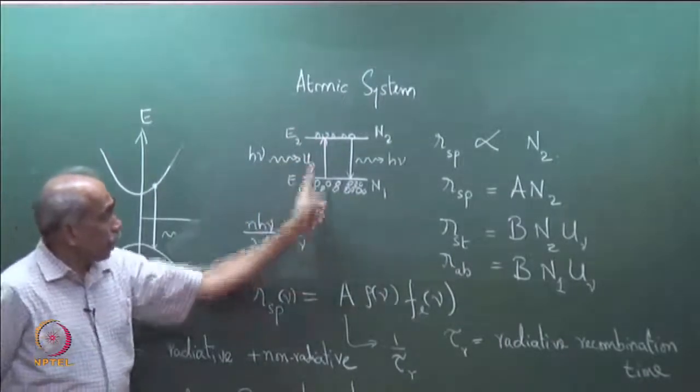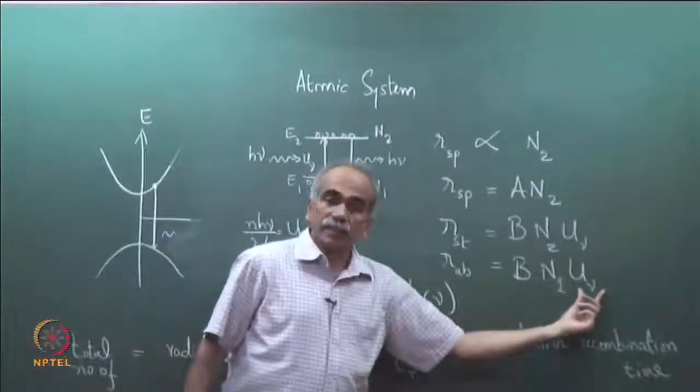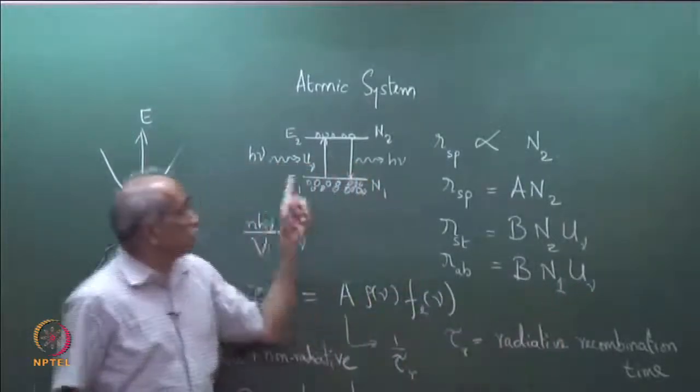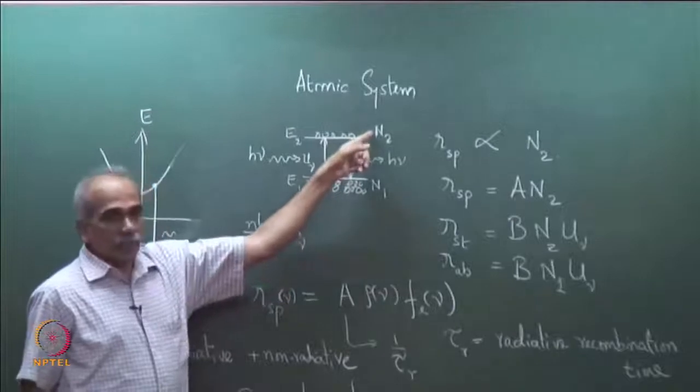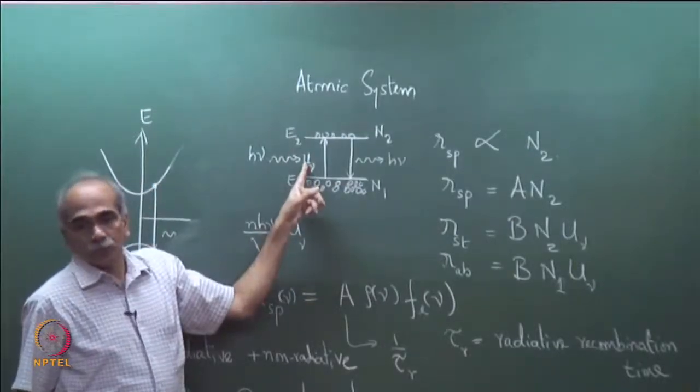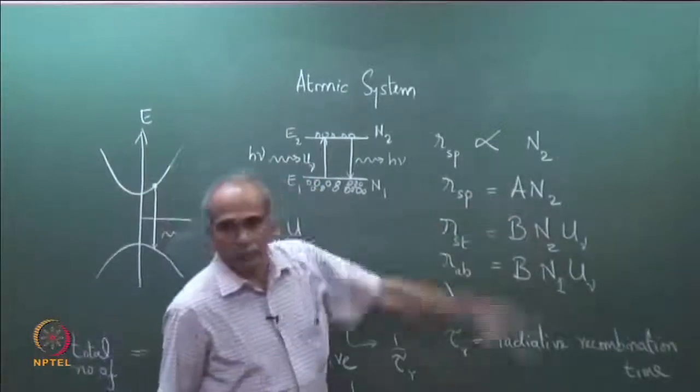So, the absorption depends on the energy density u nu and the number of atoms in the ground state. Emission depends on the number of atoms N2 here, but also on the energy density u nu. That is why we have this kind of expression.